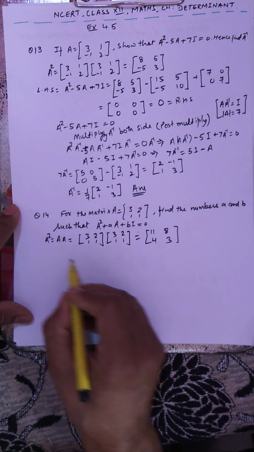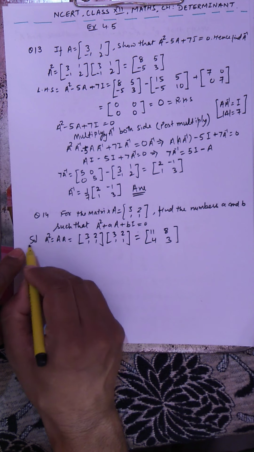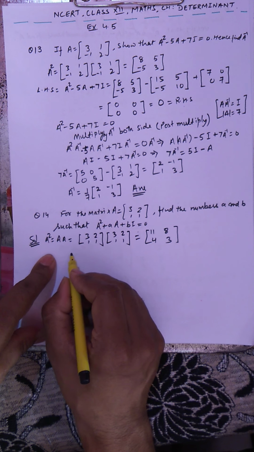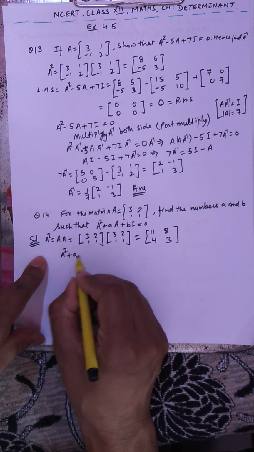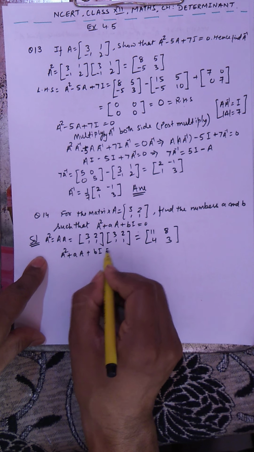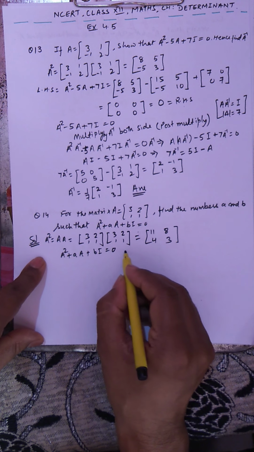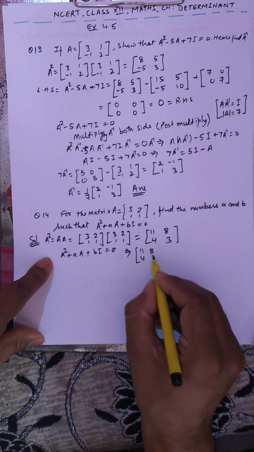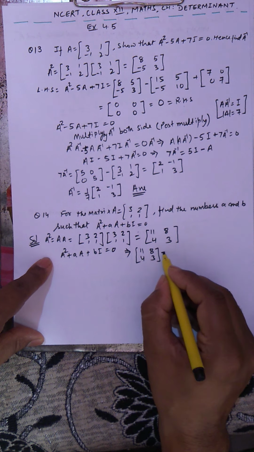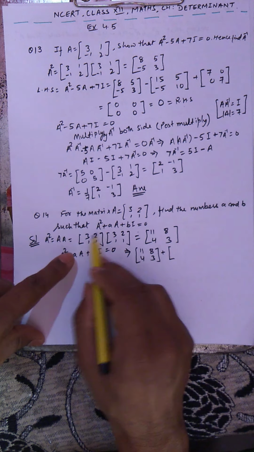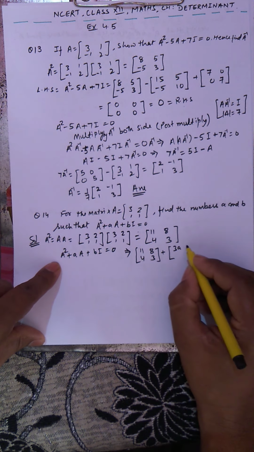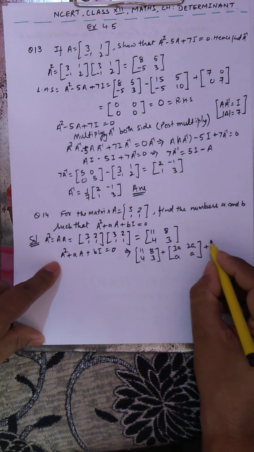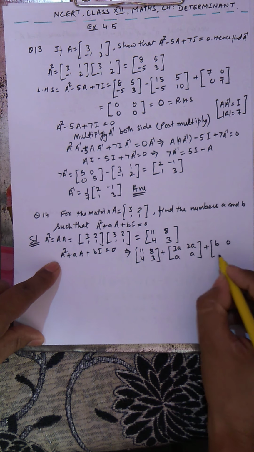We are doing this solution. So now you put A square into this equation. So A square plus aA plus bI equals 0, and you'll get A square means 11 8 4 3. aA means small a multiplied by the matrix, 3a a 2a a, and this is bI, so this will be b 0 0 b.